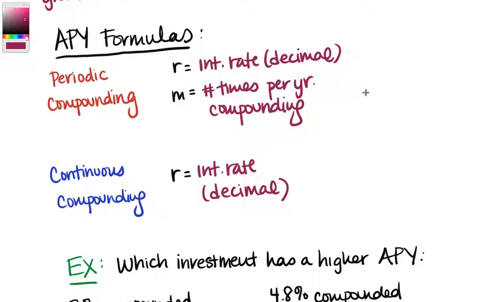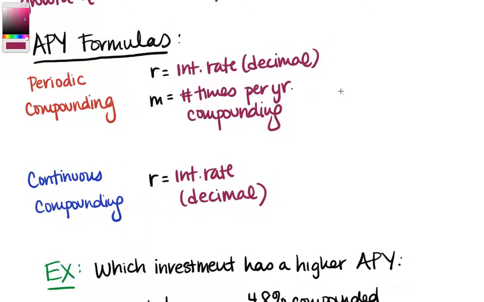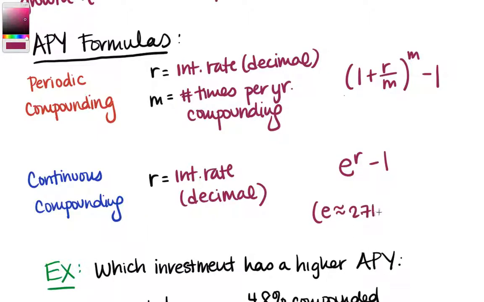With periodic compounding, our formula is that the APY is 1 plus R over M, all raised to the M, minus 1. With continuous compounding, it's E to the R minus 1, where E is the irrational number that's 2.71, yada, yada, yada.